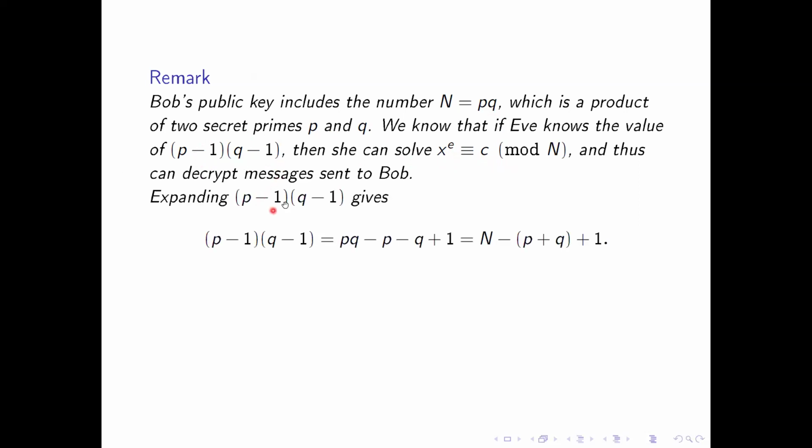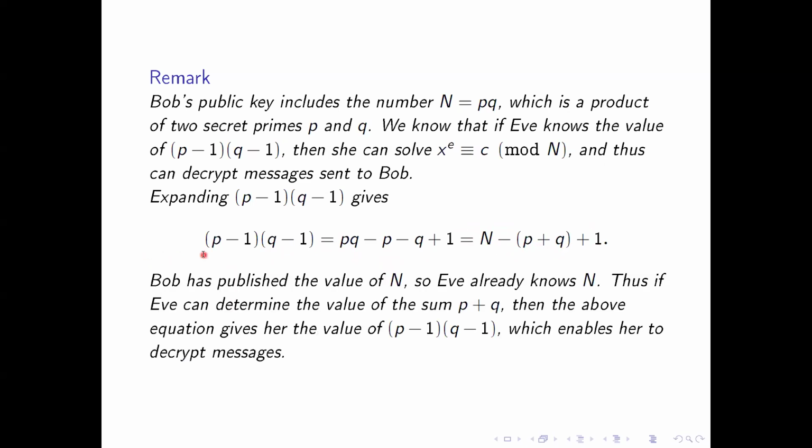So if we actually just multiplied out p minus 1, q minus 1, you'll notice it becomes pq minus p minus q plus 1. That's just multiplying it out. Well, pq is n. And this, if I factor out a negative, is minus p plus q, plus 1. So p minus 1, q minus 1, I already know n. If I know p plus q, then I'm done.